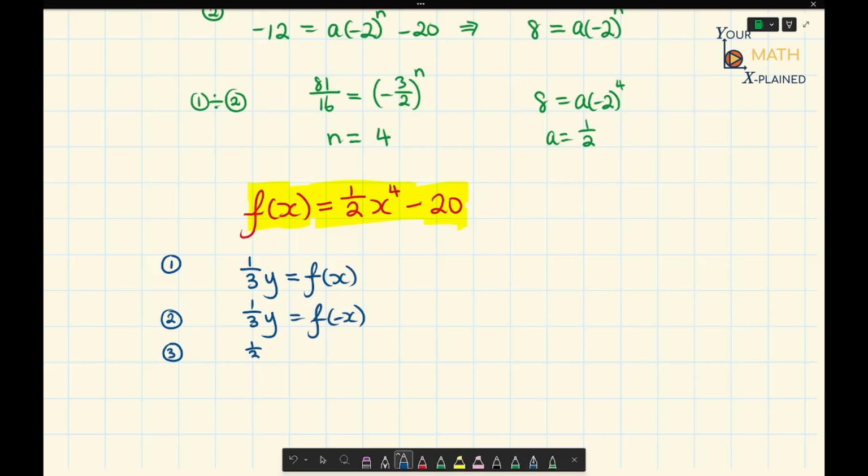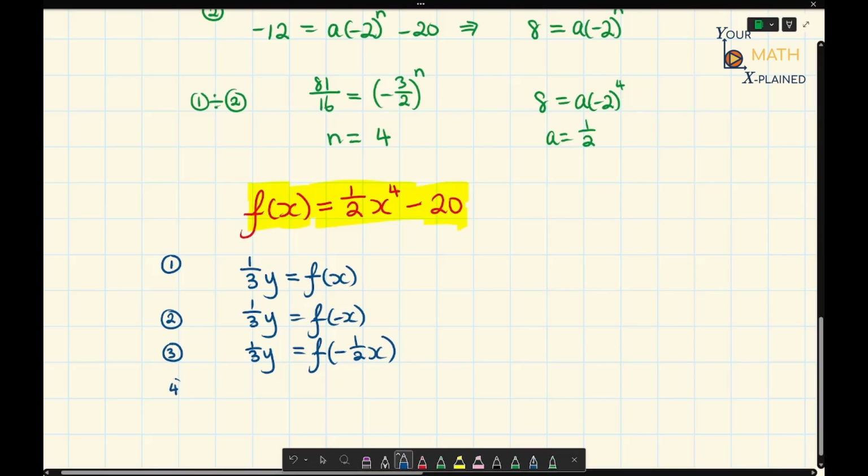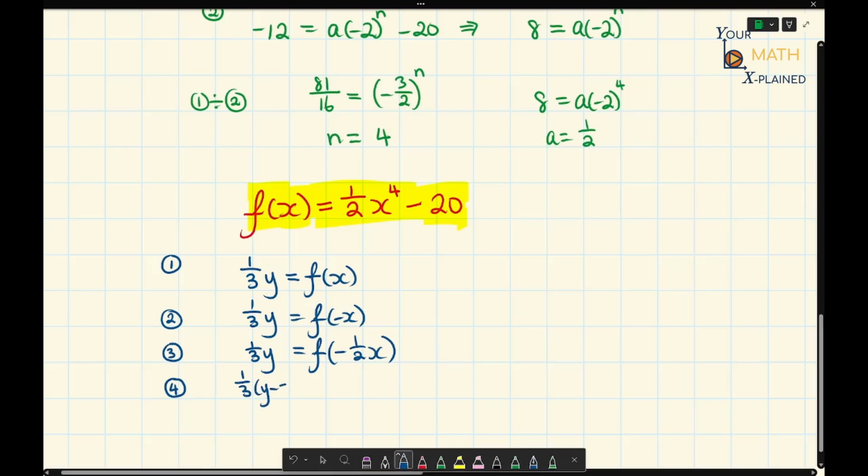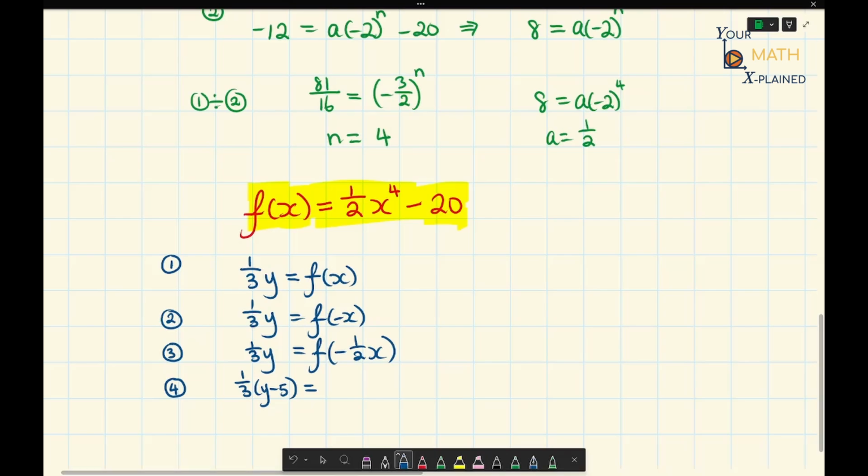So that means we replace x with 1/2 x. And then the fourth and final transformation was a translation by 2 units to the left and 5 units up. So 5 units up means we replace y with y minus 5. And then 2 units to the left means we replace x with x plus 2.